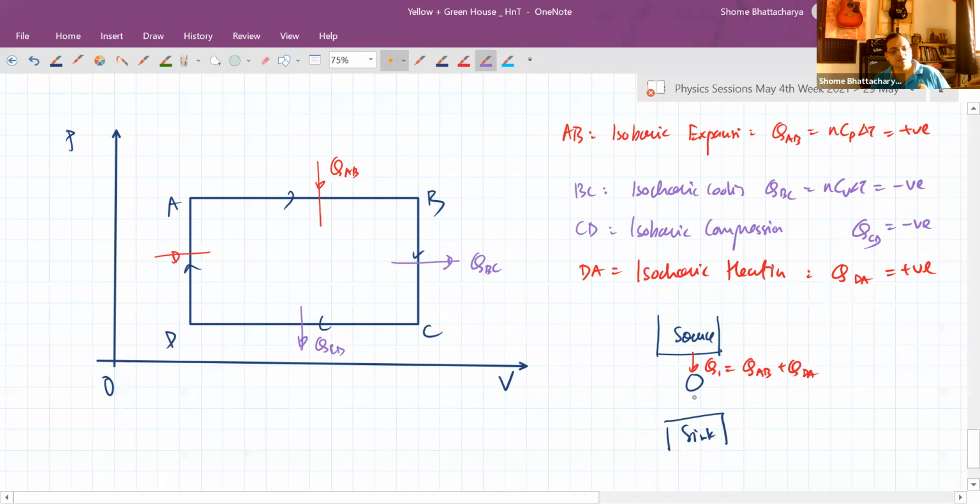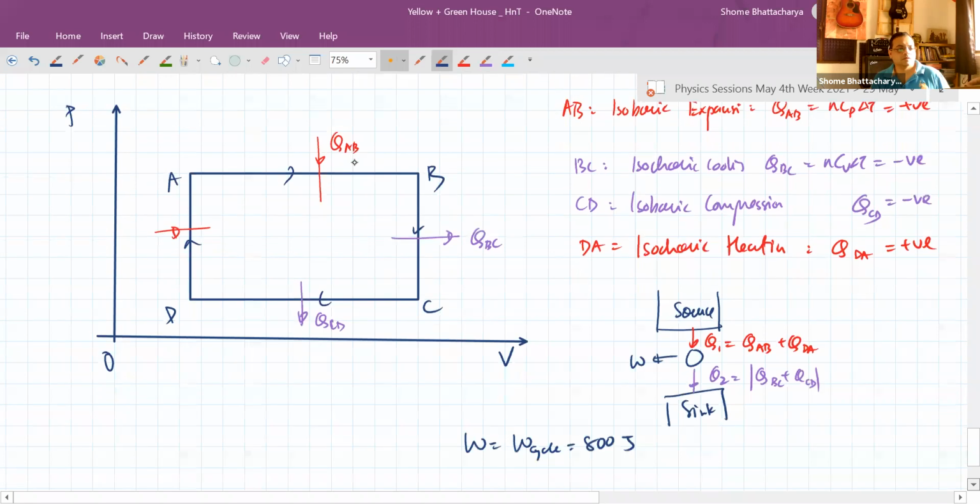Whereas the heat being dissipated will be the magnitude of QBC plus QCD. And the rest is converted into mechanical power. So that W is W cycle, which is 800 joules that we just calculated.